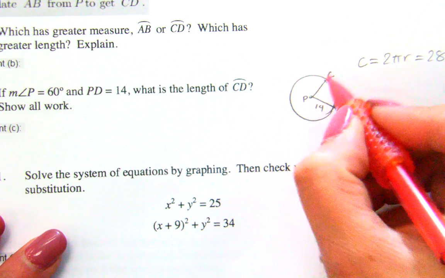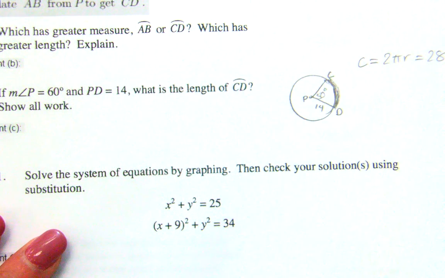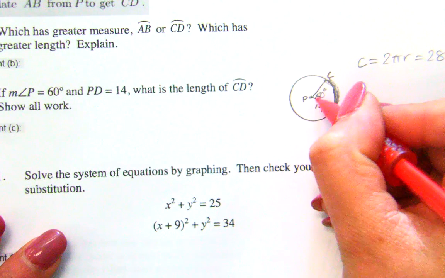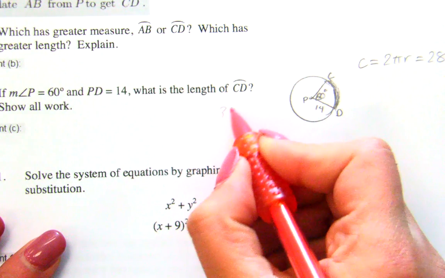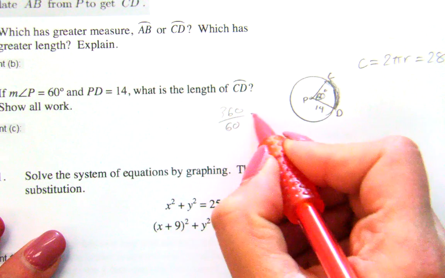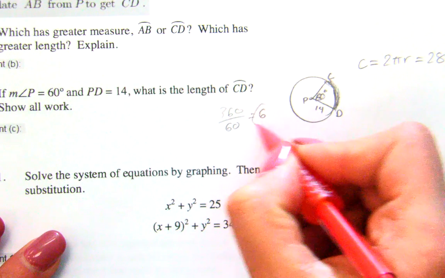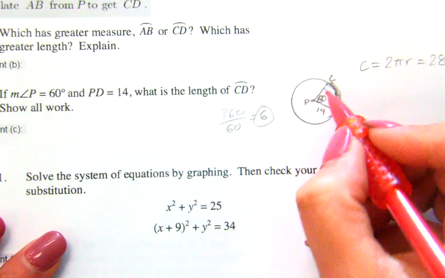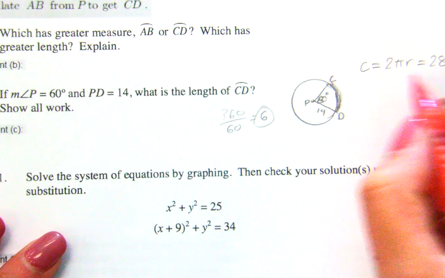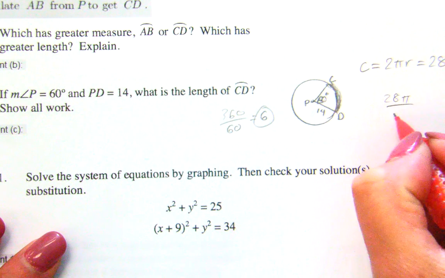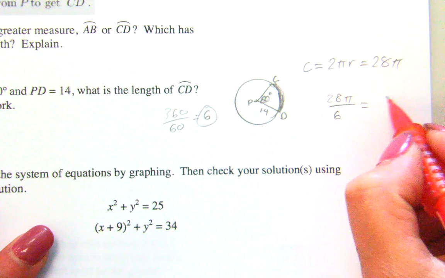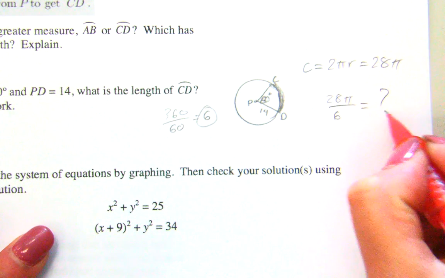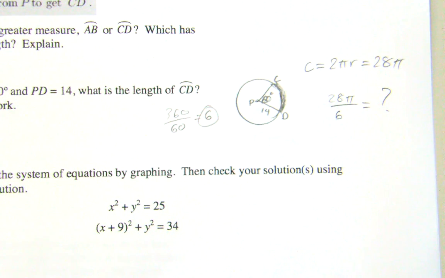Well, you have a 50 degree angle here. Oh, I'm sorry, 60 degrees. So in a circle, 360 divided by 60 gives you 6 slices. You can have 6 total slices if each slice is 60 degrees apiece. So if I take 28 pi and divide by 6 slices, that should give you the length of the crust. All right, so you figure out what that is. Use your calculator. Okay, and that was up to 10, and then we'll do the rest of them on the other video.